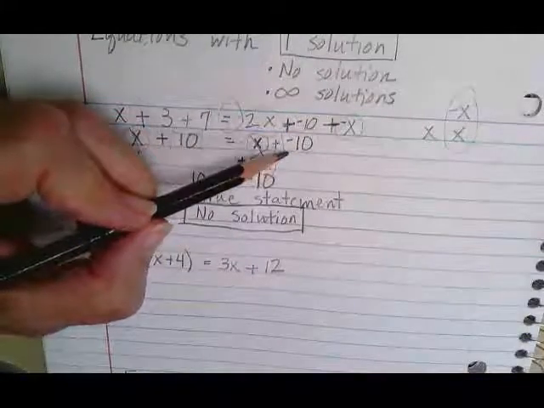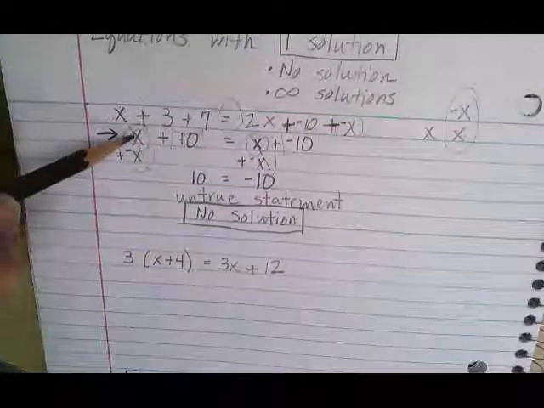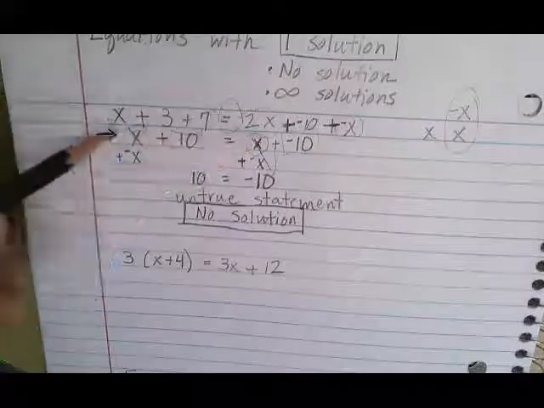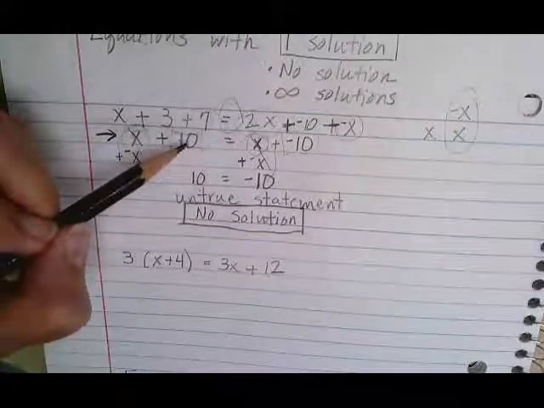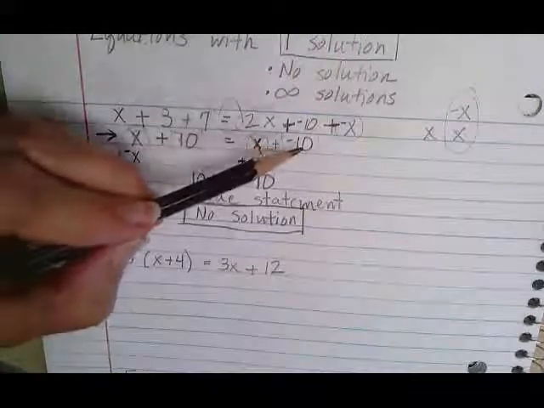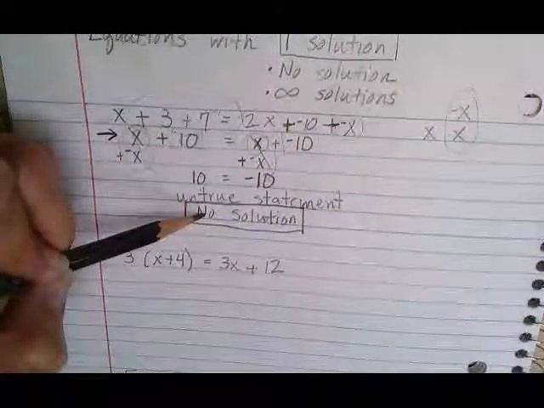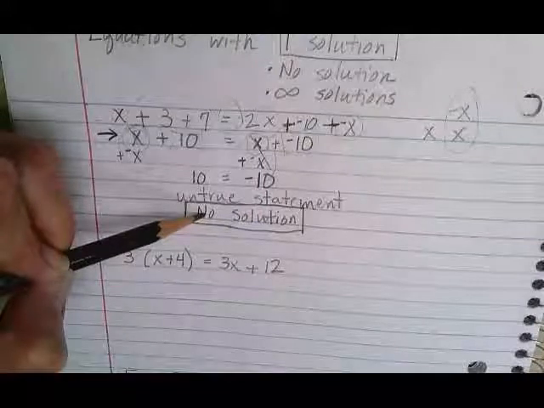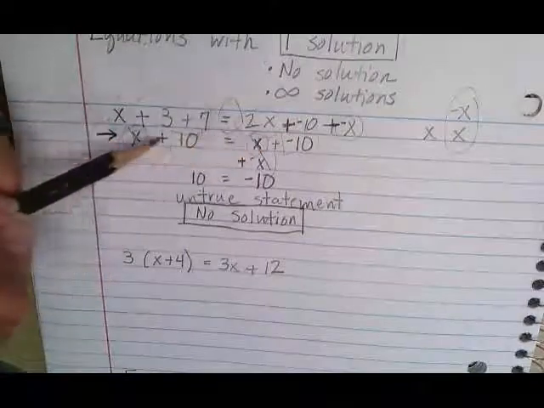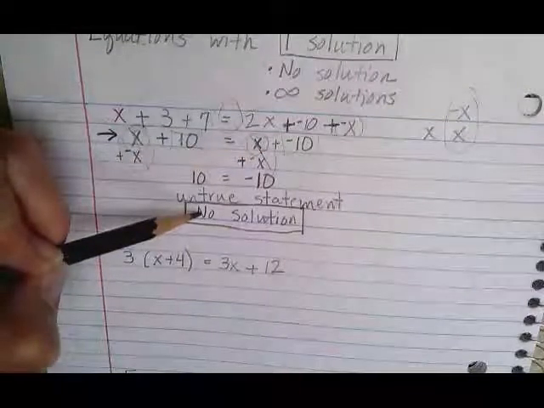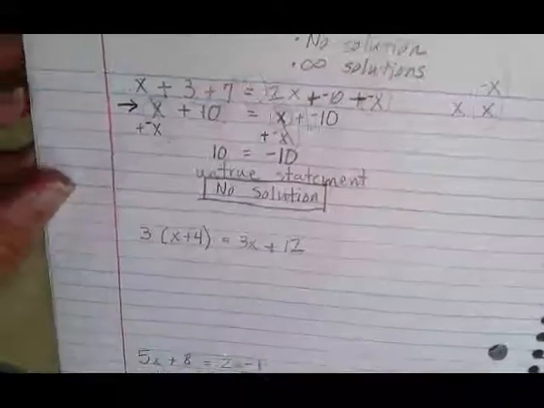So I had an idea up here that when I have the same number of x's on each side of the equation and my numbers are different, I'm going to get an untrue statement, which means there's no solution. So sometimes along the way we can get an idea of what our answer is going to be. Let's go ahead and look at another one.